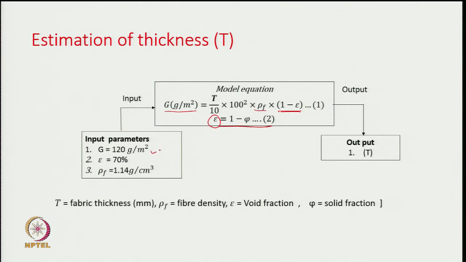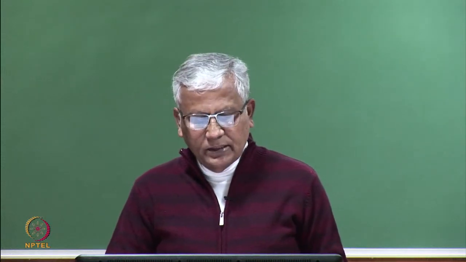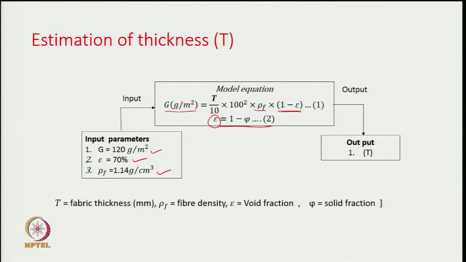So, input parameters are G, that is the basis weight, the porosity and the density of the fiber. Fiber is given as nylon, so we write the density 1.14. If it is said polyester, we change the density to 1.38. Whatever fibers are given, accordingly density will be there.